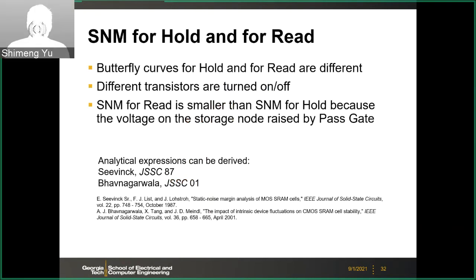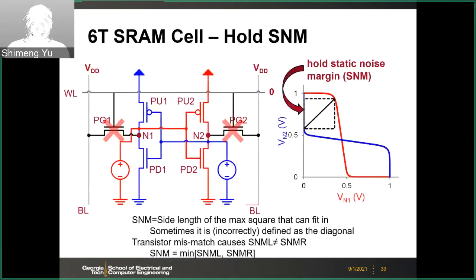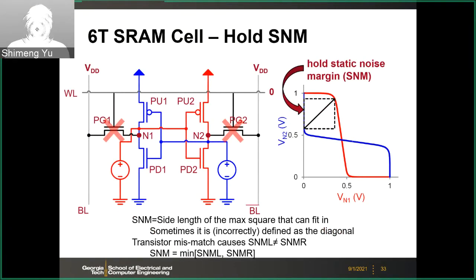All right, so this is the static noise margin for the hold operation. And we can also define the static noise margin for the read operation. But the read will be a little bit different from the hold. What is that? So this, again, is the hold scenario, so the pass gates are turned off. And by the way, we may have two static noise margins from this upper square or this lower square.